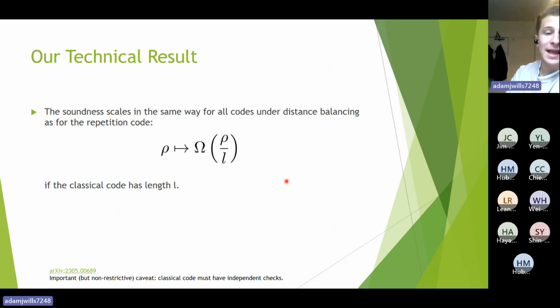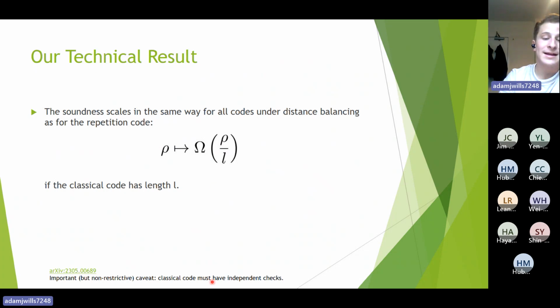So then our result is simply a generalization of Hastings' result to all codes. So not just the repetition code, we can then say for all codes, the soundness under distance balancing goes from rho to something scaling like rho over the length of the classical code, up to constant factors.